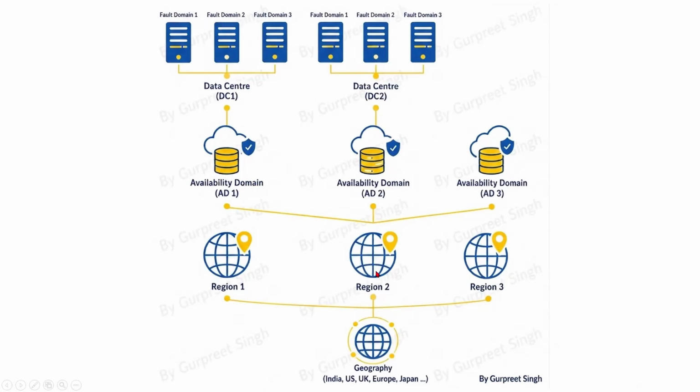One region can have more than one availability domain, or ADs, and it is also possible that one region has only one availability domain. But for each AD, we have three fault domains. This is how the OCI architecture looks. At the bottom we have regions, then ADs, then FDs, which are fault domains.